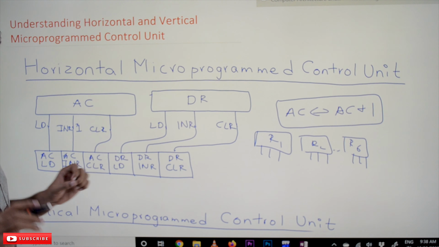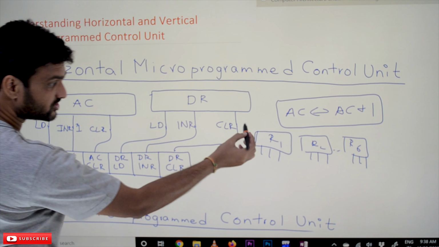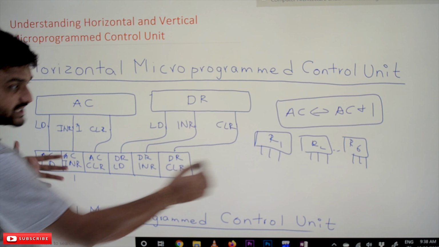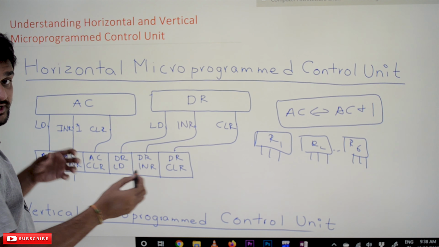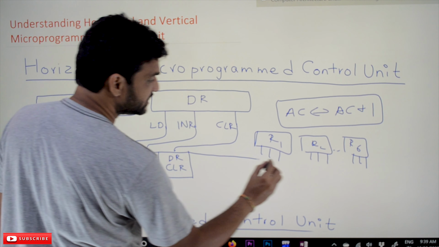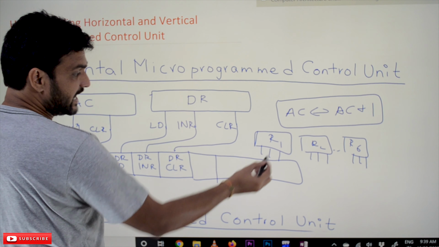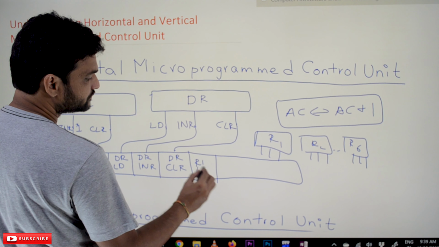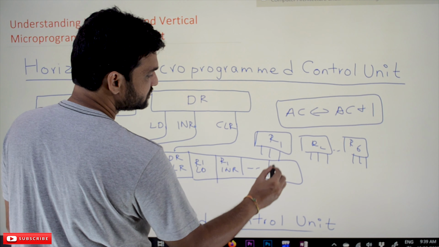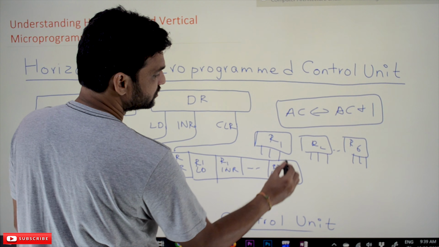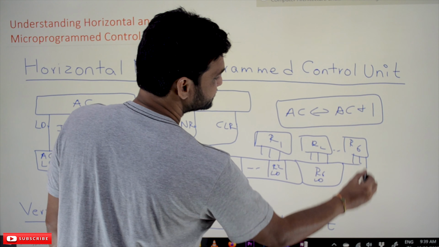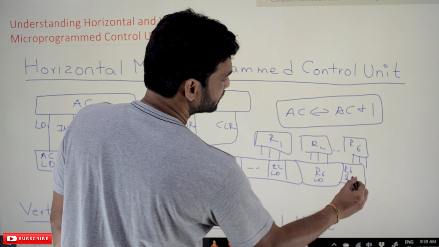See here, try to understand. In order to generate the same signals like load, increment and clear to R1, R2 and R6, what is the size of the control word? Here the control word is increasing horizontally. The control word will change as R1 load, R1 increment, and similarly R2 load, and similarly R6 load, R6 increment, and so on.